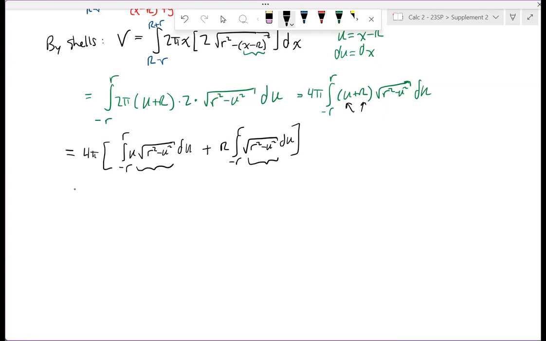We can really make use of this symmetry in integrals, because if we integrate a symmetric function over a symmetric region, we can tell a lot about it. In fact, this is an odd function, odd in u, integrated over a symmetric region. And integrating an odd function over a symmetric region, provided the function is integrable, which this is, that integral is 0.